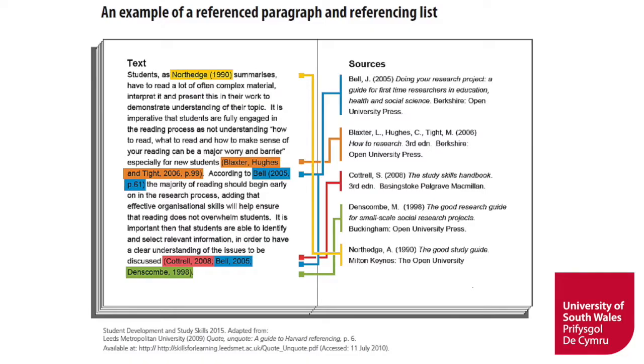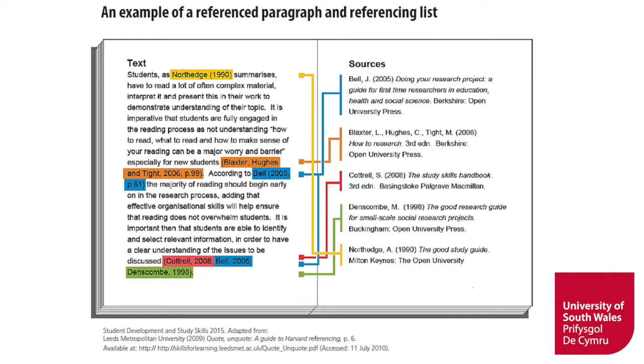So you can see there are numerous examples in the shaded areas in the text where people have referenced, and there's a particular style that they've used. And then in the sources or reference list on the right hand side of the page, you can see that it's alphabetical, and there's a consistent way that you reference.